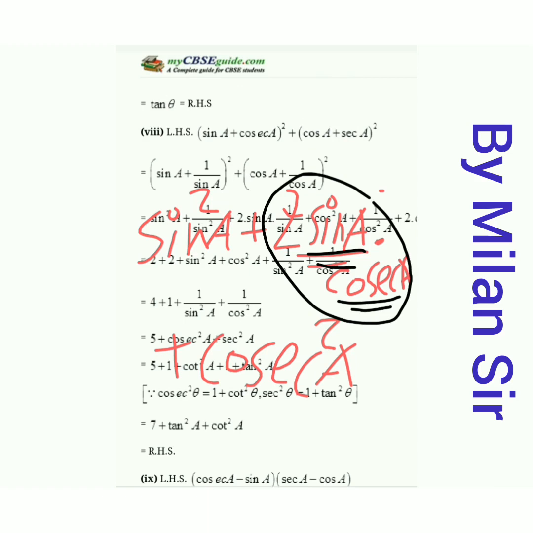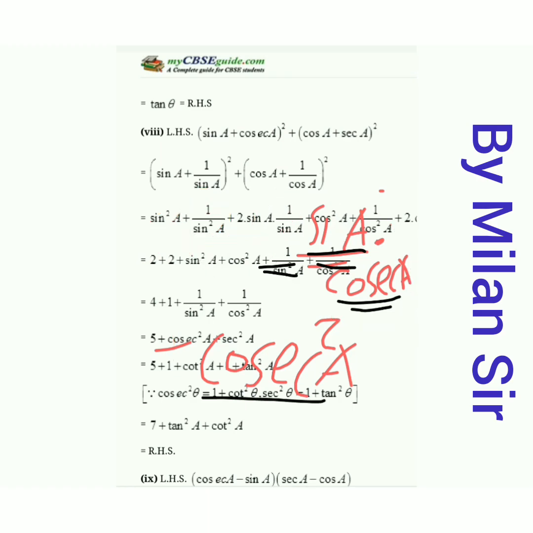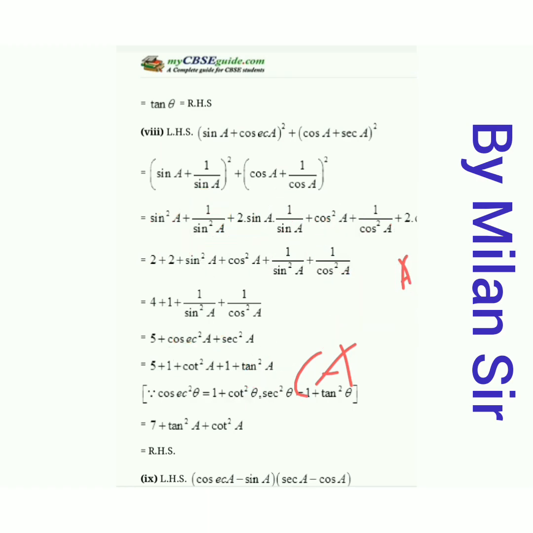So at last what we get is sin square A plus 2 plus cosec square A. So our first answer is sin square A plus 2 plus cosec square A.